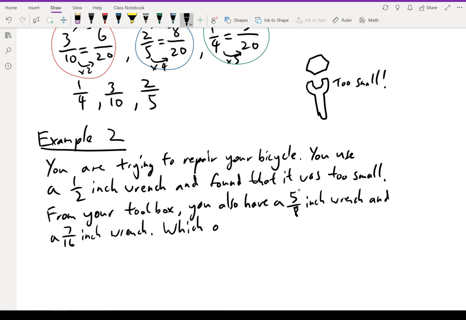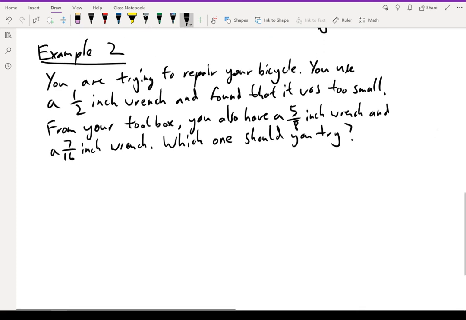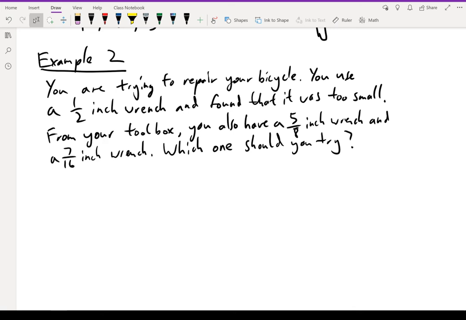Which one should you try? And so, of course, we want to find the bigger one, or maybe the biggest one, in fact. We know that the 1/2-inch is already too small, so we want to find one that is bigger. And so the first step in this problem is to compare all three of these fractions together in order to find out which one is the biggest.